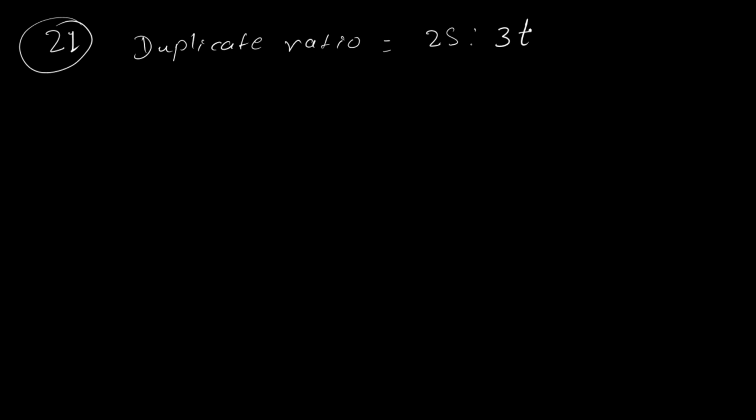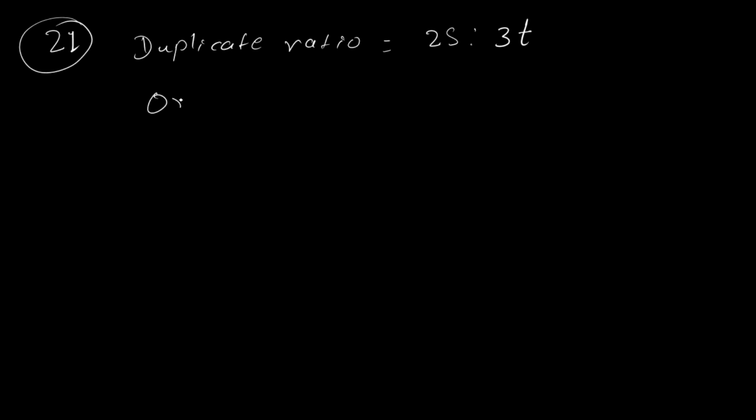Another problem quickly we will complete. Another problem we have is 21. It says 2s is to 3t is the duplicate ratio of 2s minus p and 3t minus p.